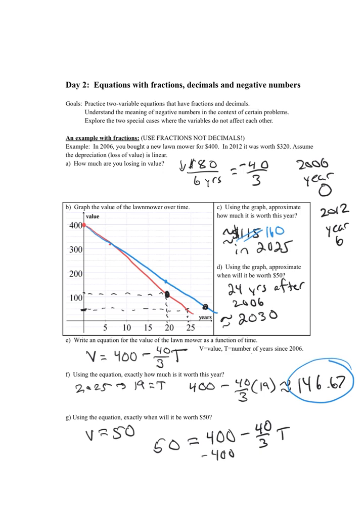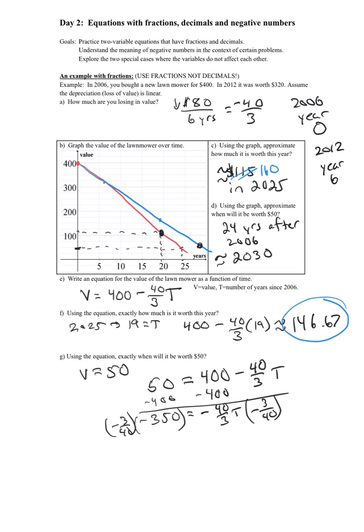So take away 400. That would be negative 350 equals negative 40 thirds t. So we can multiply both sides by the reciprocal, negative 3 over 40.